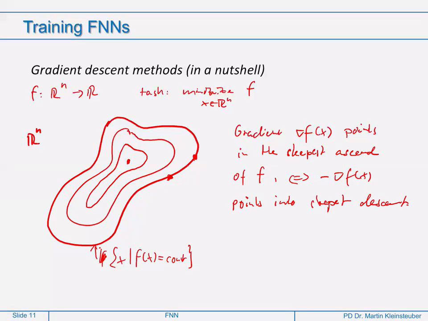If you want to define what steepest is and pointing in a direction, you implicitly talk about a scalar product, and here we talk about the standard scalar product.